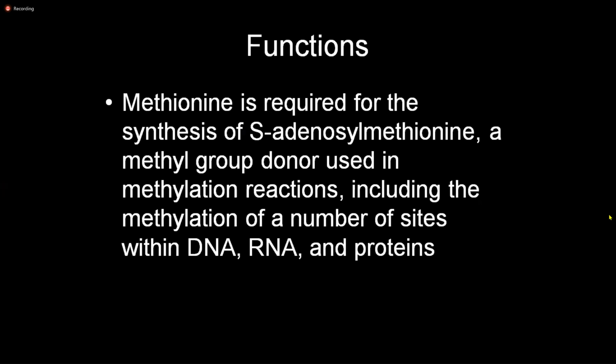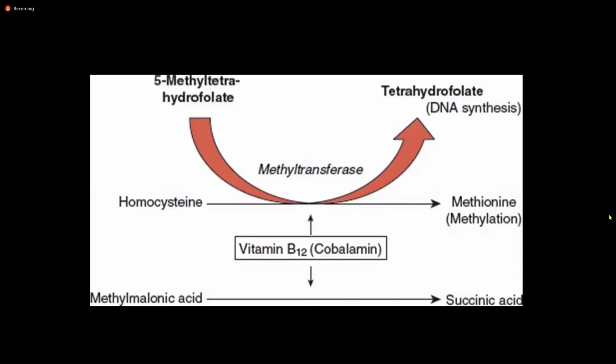Methionine is first converted to S-adenosyl methionine, which is a methyl group donor used for methylation reactions. So you see homocysteine is converted to methionine, and this methionine is further used for S-adenosyl methionine synthesis.